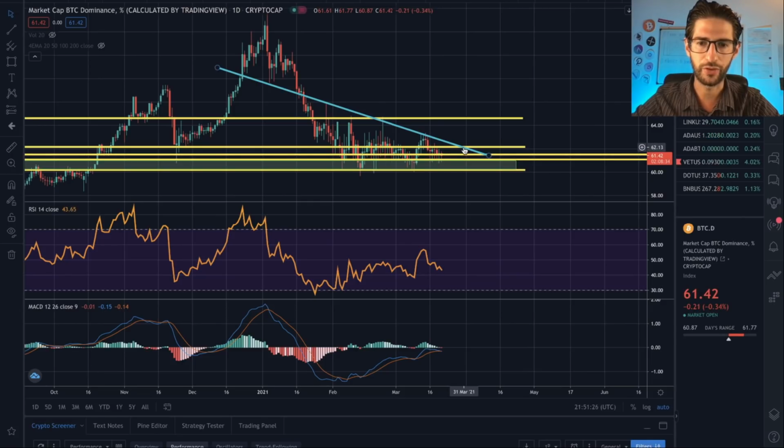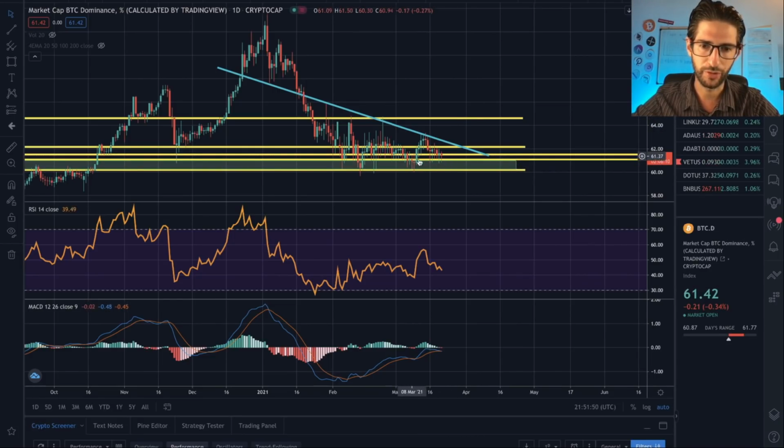If we break this trend line and we enter into the 63, 64, I think that will mean a new leg up for Bitcoin, and we will have higher highs for the Bitcoin price. Maybe the altcoins will continue following a little bit, but it will be mostly a Bitcoin rally.